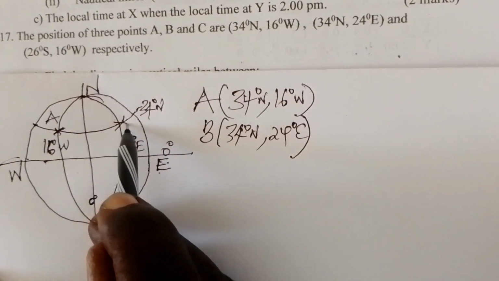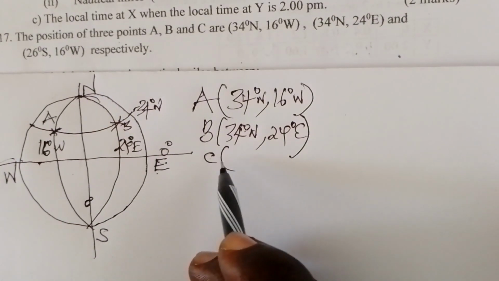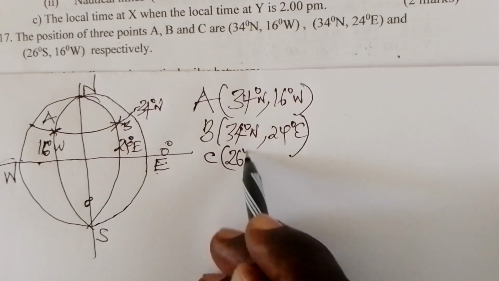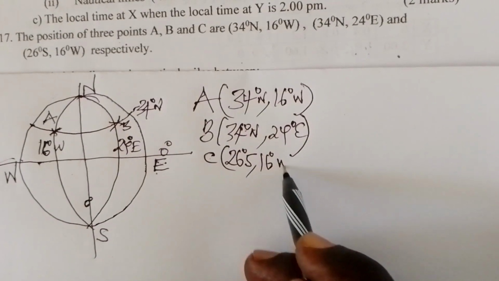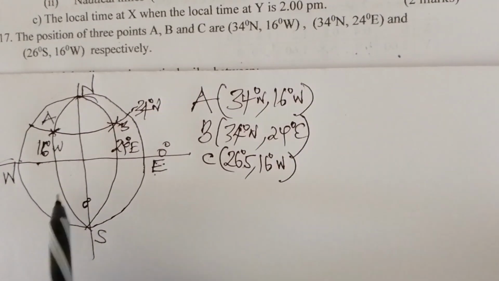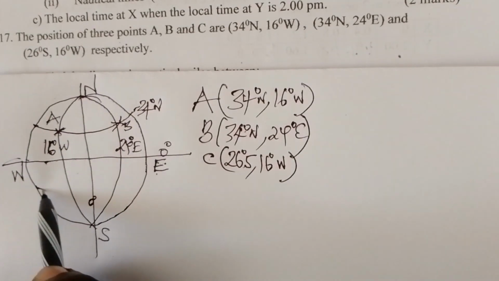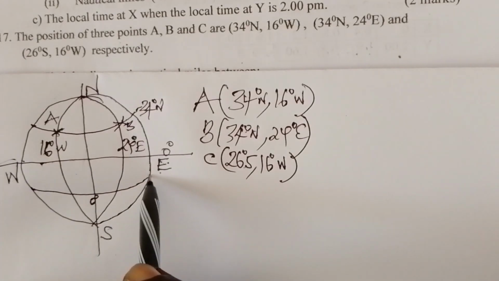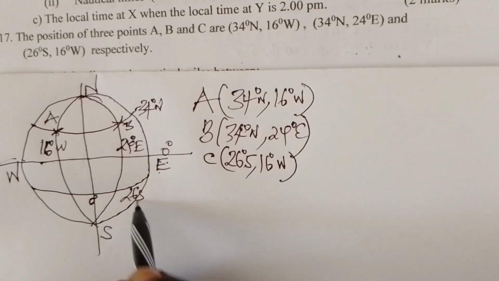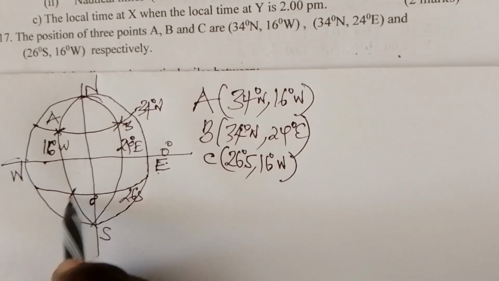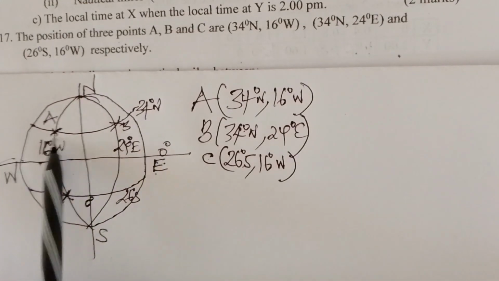So this is point B. C is at 26 degrees south and 16 degrees west. So 26 degrees south, draw a hypothetical latitude, 26 degrees south. This is where we have 26 degrees south, and 16 degrees west. So this is point C. So we have the 3 points A, B, and C.